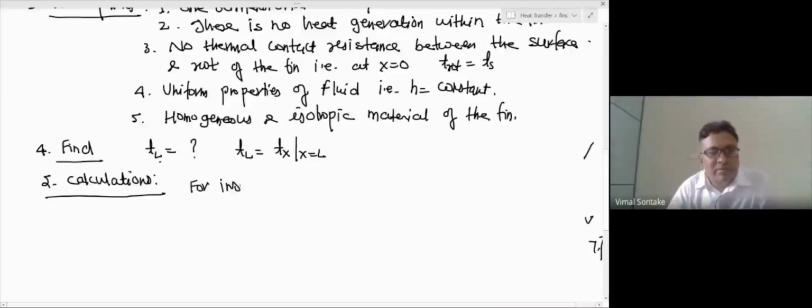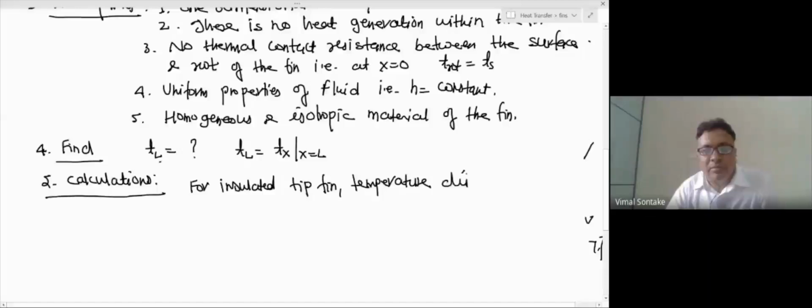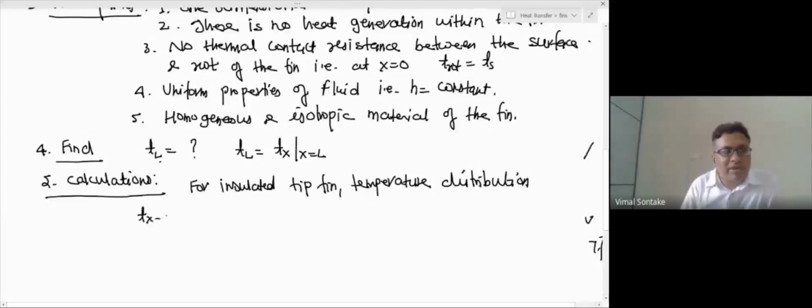Page number 50. In some data books, maybe it is on page number 52 or 48. The heading will be heat transfer from extended surfaces. I have also posted one video on how to use different formulae from the data book related to this field. So this formula is there in the data book: Tx minus T infinity.